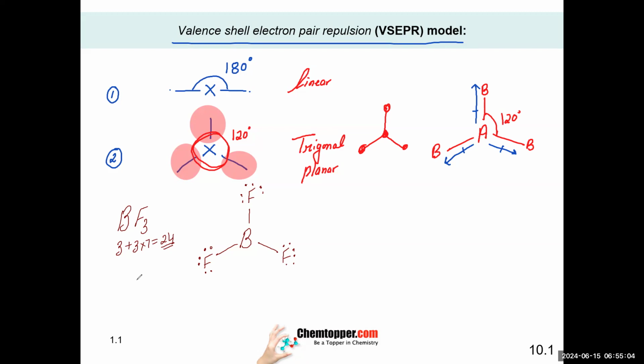In one or two cases, I'll show you an example where it is an odd number. When it is an odd number, it means an electron is not paired. If it is saying 25, it means one electron is not paired. That will make your molecule unstable, right? Okay. So all of you are getting this?